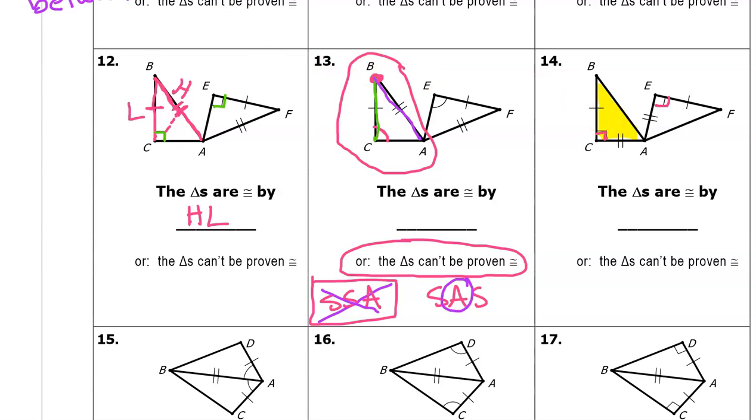Okay, the hypotenuse is this side right here. The hypotenuse is always across from the 90-degree angle. Okay, this is the hypotenuse. Is the hypotenuse marked congruent? No, it is not. The hypotenuse is not marked. That means this cannot be hypotenuse leg. So do not put HL.